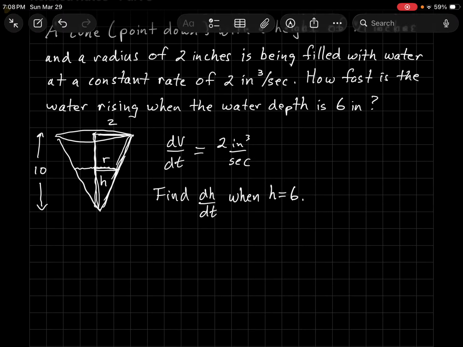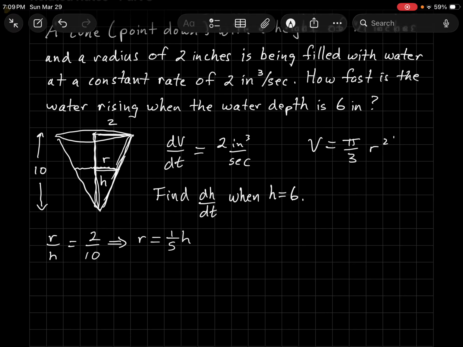And I see in my picture with the emphasis that I have similar triangles. That is, R over H equals 2 over 10, always in the context of the problem. Which means R is always 1/5 of H. Now I could have used this and plugged into the derivative equation that I just erased, but instead I'm going to plug this into my volume equation.